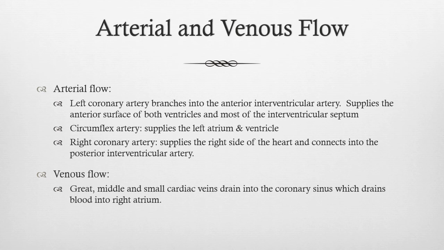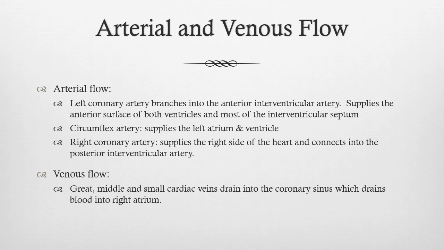The anterior interventricular comes down the anterior interventricular sulcus. The circumflex goes across to the left side and travels along to get towards the back of the heart, and then it drops down as the posterior interventricular artery. And so it's going to join the posterior interventricular artery on the posterior side.